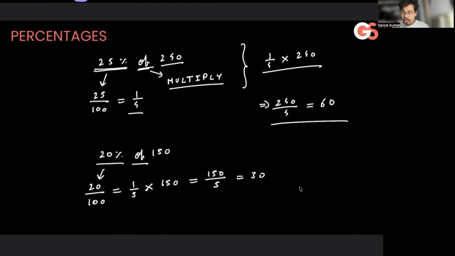The core concept you can take from this is to always try to convert percentages into fractions first. It becomes very easy and you don't need any formulas if you do so. Cool. So let's move forward to another topic, which is percentage increase or percentage decrease.